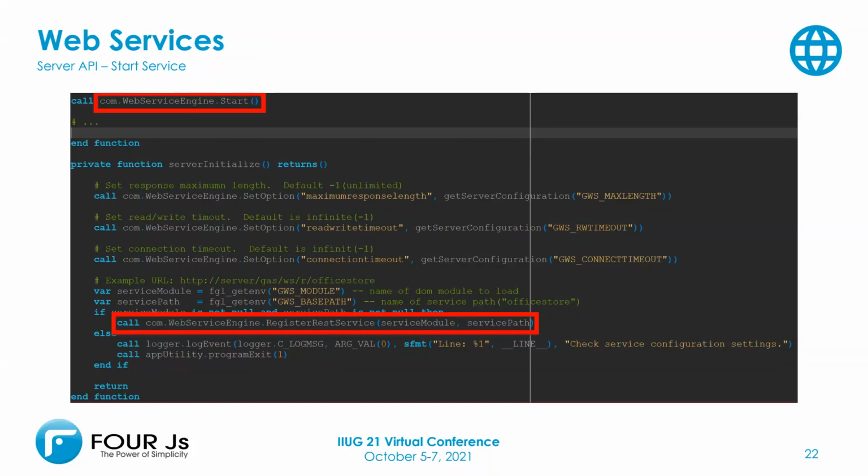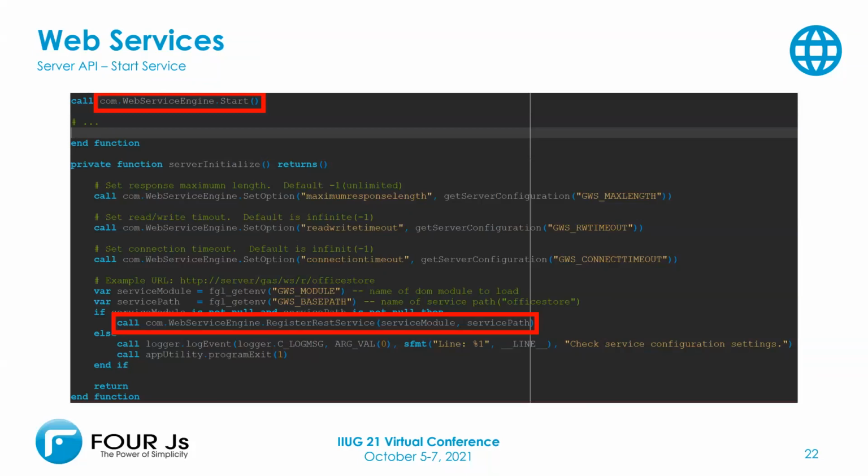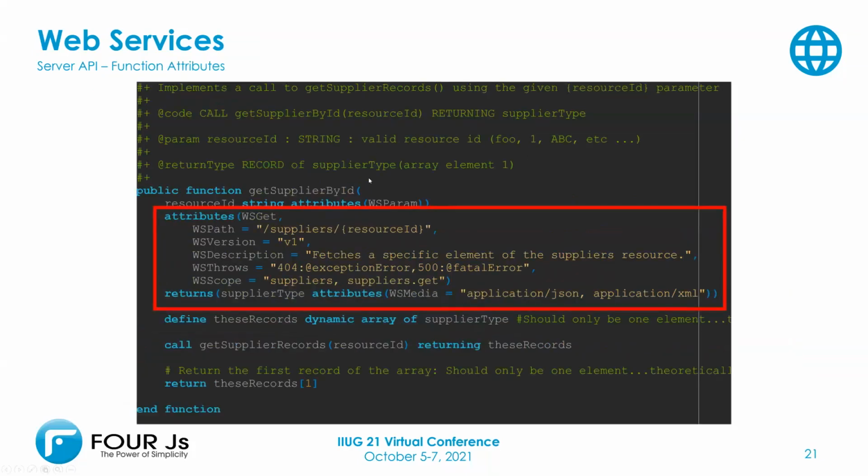But at the end of the day, it's a nice way of just writing Genero 4GL, because it's a very function coding approach. So if I go back to here, service module, service path, and then here it's called suppliers, and then a resource ID that you get as an input parameter.